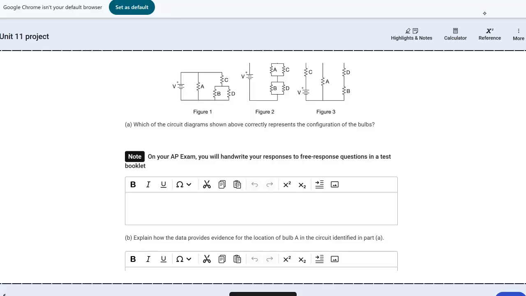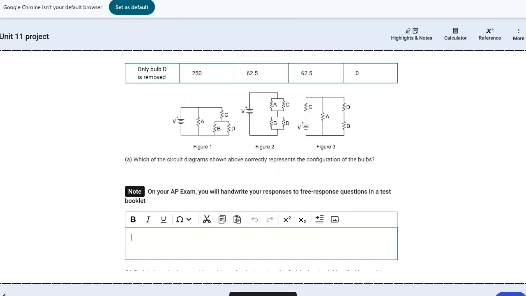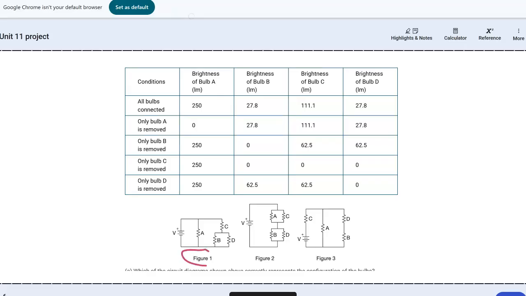Well, that's going to be figure 1 based on this chart, because this chart shows B and D are in parallel, and they're in series with C, and this branch is in parallel with A. And that's what makes the most sense based on this data, because when bulb A is removed, the brightness of bulbs B and D stay the same, and the brightness of bulb C will be greater, and then bulb A will go to nothing.